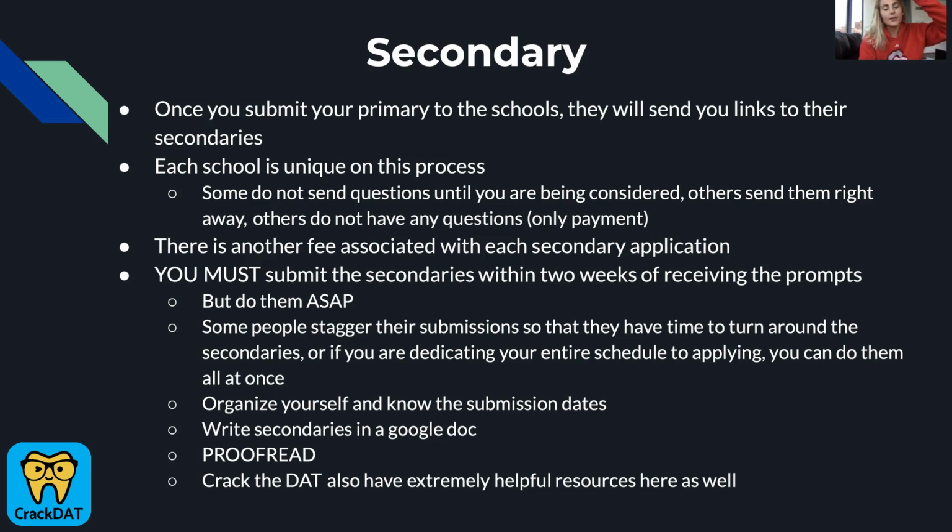One thing I do suggest with all of that is to organize yourself and know the submission dates. If you're applying to upwards of 10, 15 schools, it can get really confusing which schools you've applied to, which ones you haven't, and what dates they need to be submitted by. So have a big Excel spreadsheet with the school, date submitted, date secondary due, the calendar, and what schools I'm going to work on today.